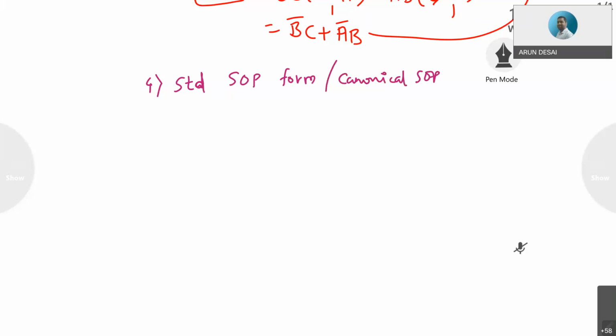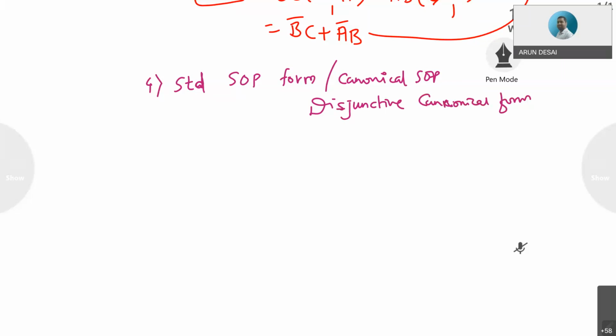This is also called disjunctive. मी POS ला बहुतेक सांगितलं नाही. That is conjunctive form, right? A disjunctive canonical form, right? The standard SOP disjunctive canonical form.